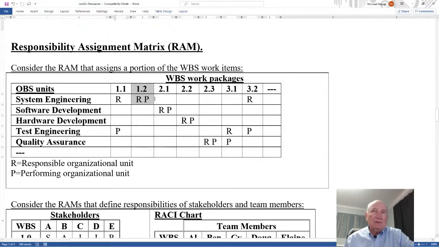Here, for 1.2, 2.1, and 2.3, the responsible organizational unit looks the same as the performing one. But it's not always that way. System engineering is responsible for 1.1, but test engineering will perform it. Also, an OBS unit could have responsibility for one area, but perform in other areas. So this is how it's spread out and organized from the OBS unit to the work breakdown packages.